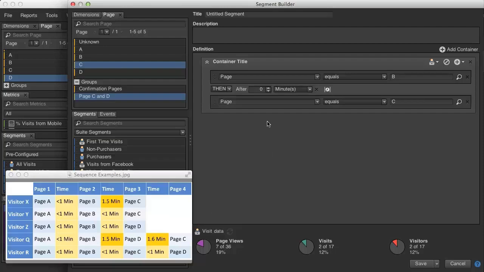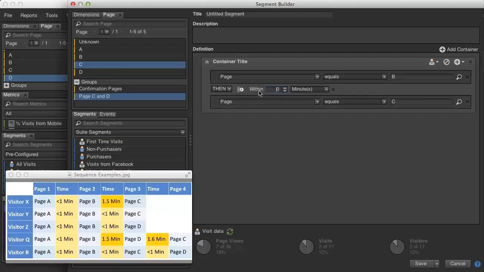Now let's go to the next example. Let's say we want to see those who saw page B and then under a minute passes, and then they see page C. Well, with the after, since 0 minutes is really 1 minute, you really can't get immediately after B, so we don't really want to use that at all. We want to use the within criteria here on the then statement.